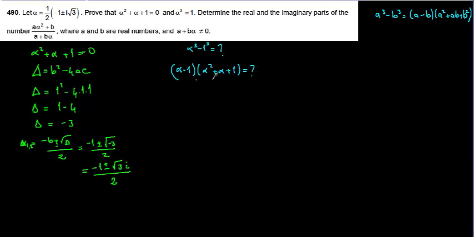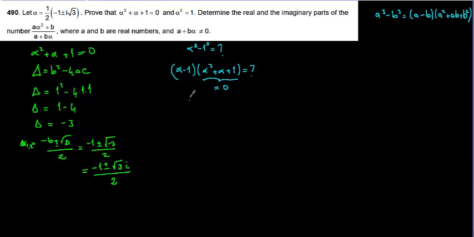Here we don't know the value of alpha minus 1, but alpha squared plus alpha plus 1 is equal to 0. Why? Because when you replace alpha by minus 1 plus or minus root 3 i over 2, this value becomes 0.